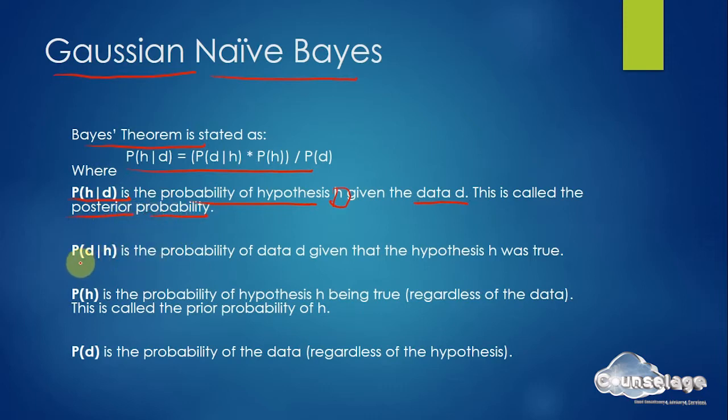P of D given H is the probability of data D given that the hypothesis was true. P of H is the probability of hypothesis H being true regardless of the data. This is called the prior probability of H. P of D is the probability of data regardless of the hypothesis.